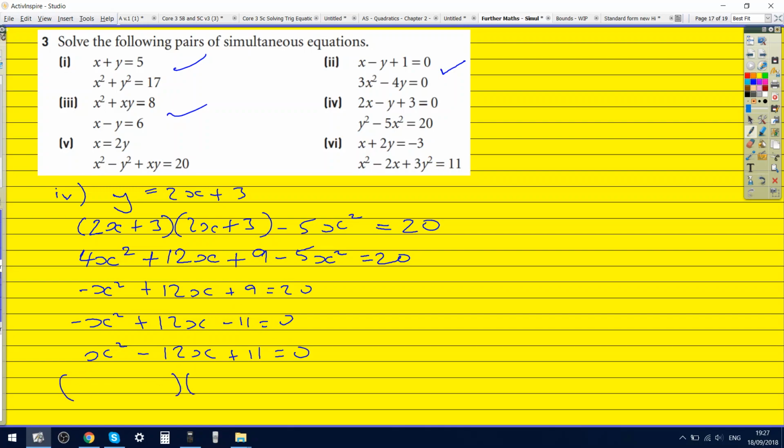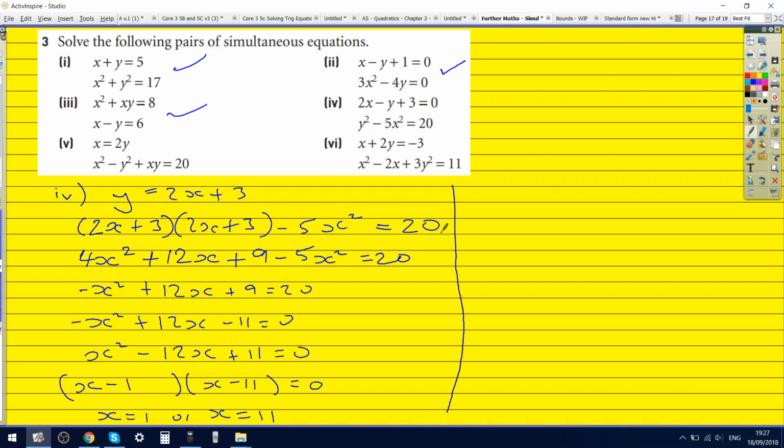I'll do it. X minus 1, x minus 11 here, yeah? So then we have x is 1 or x is 11.